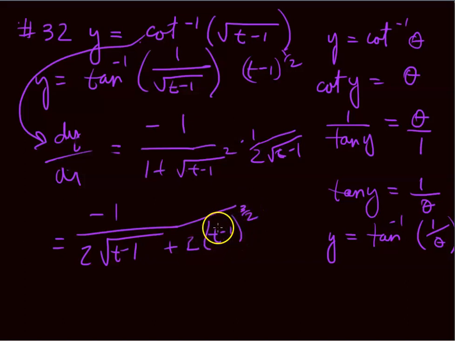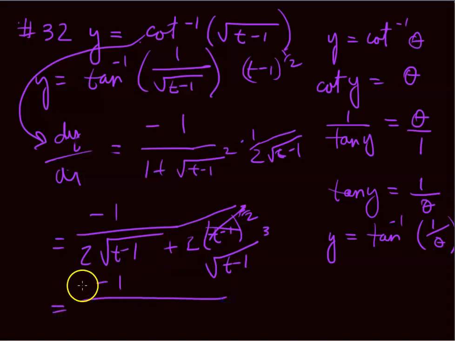So I'm going to factor, this is really square root of t minus 1 cubed, right? So I'm going to factor out the square root of t minus 1. So negative 1 over, and a 2 also. 2 square root of t minus 1. And I'm going to have left a 1 plus, this is going to be just a t minus 1 squared.